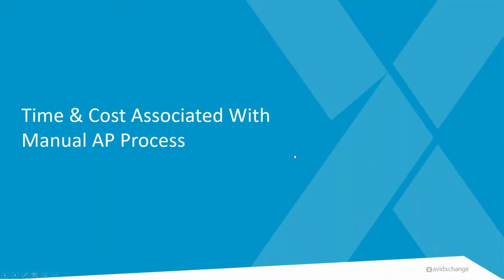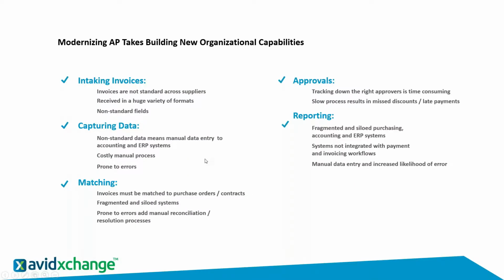All right, so we'll start off with the time and cost associated with AP invoices. Historically, what's around a manual process is the intaking of invoices, and getting invoices that are really not standard. Invoices can come in sometimes through email, sometimes through mail. They certainly don't look the same. They've got things all over.